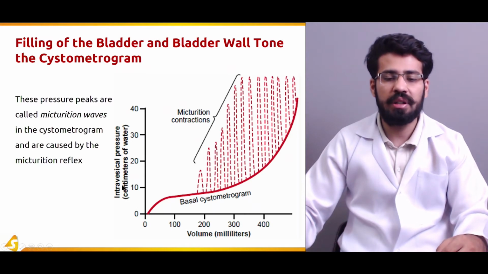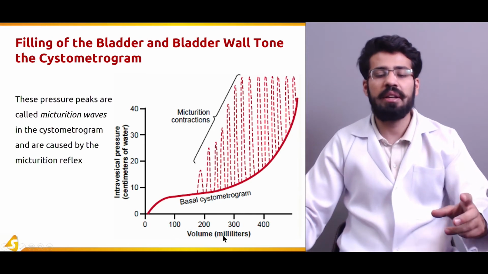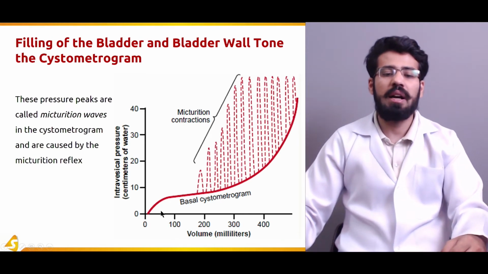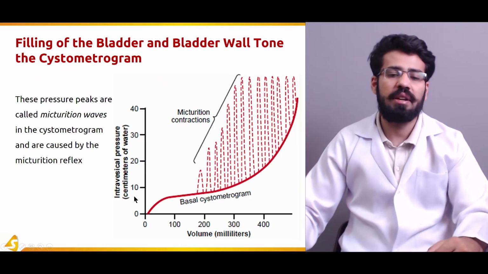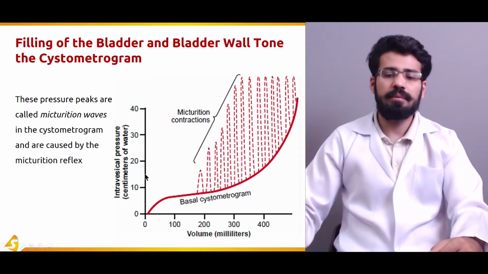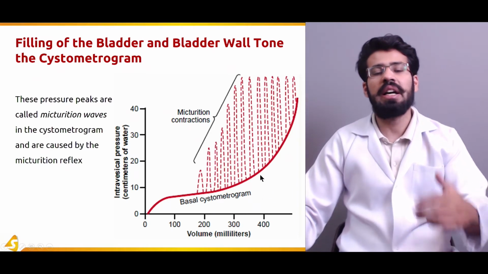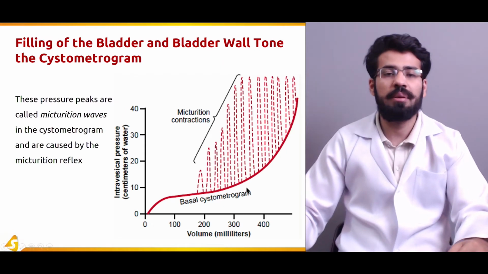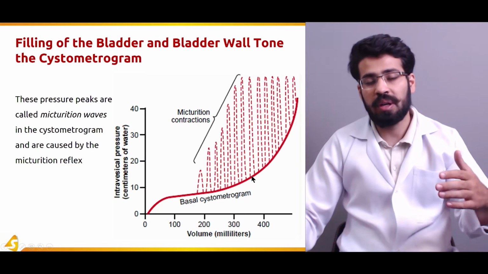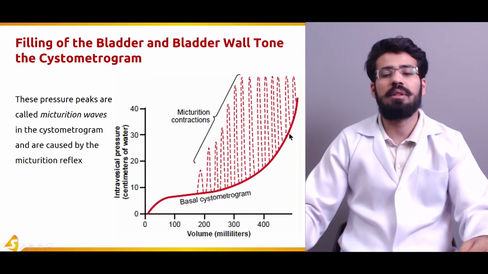When it moves to around 30 to 50 milliliters of the bladder being filled, the pressure increases up to 5 to 10 centimeters of water. As it reaches 350, you can see a gradual increase in the intravesical pressure. But as it moves from 350 onwards, you can see a rapid increase in the intravesical pressure.